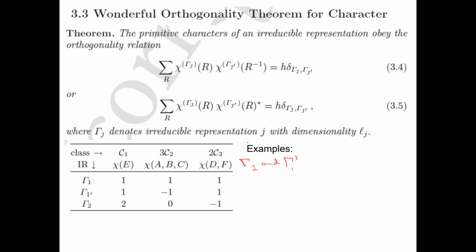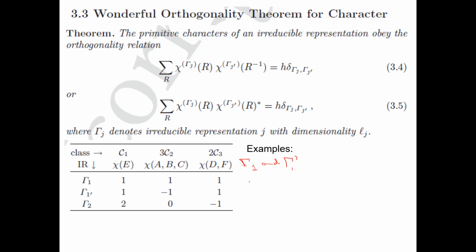These are two different representations, so the result of this sum should be 0. Okay, so let's just verify. So basically what we need to do is to sum over all group elements the product of the characters of gamma 1 and gamma 1 prime.